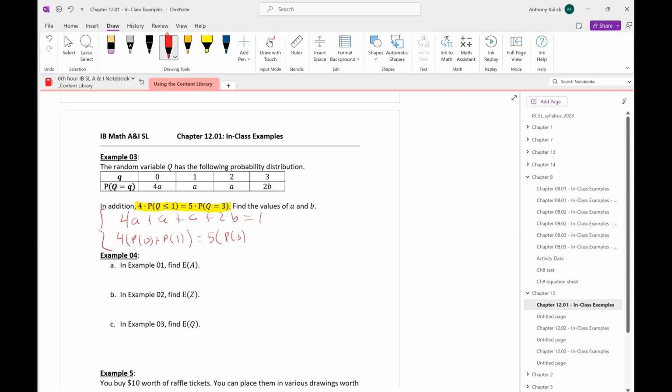So what is P of 0? 4A. Okay, and what's P of 1? A. So that's going to be 20A then, right? 4A plus 1A is 5A, and then times 4 is 20A. And then what was P of 3? 2B, so 5 times that is 10B. Or really, I'm just going to write that as 2A is equal to B.